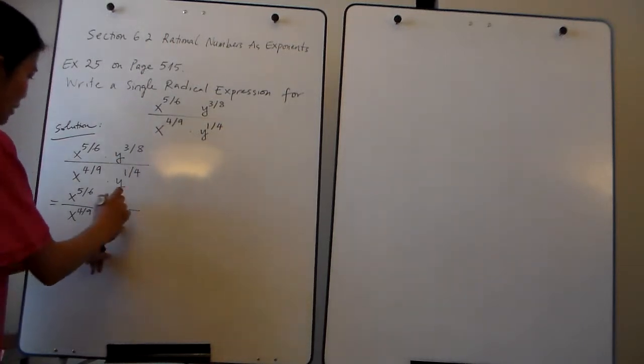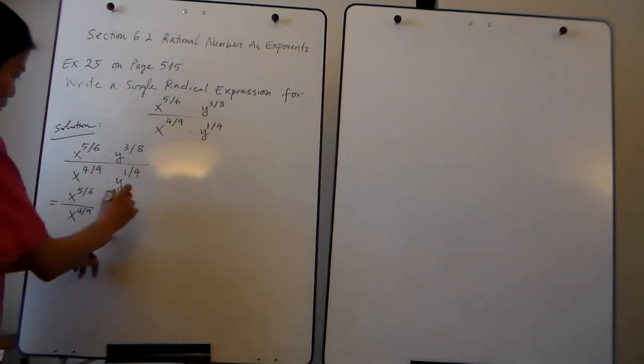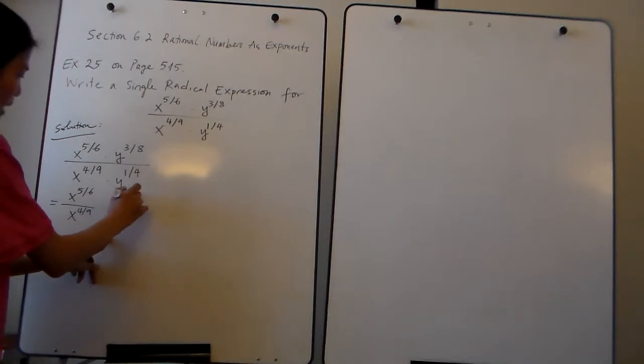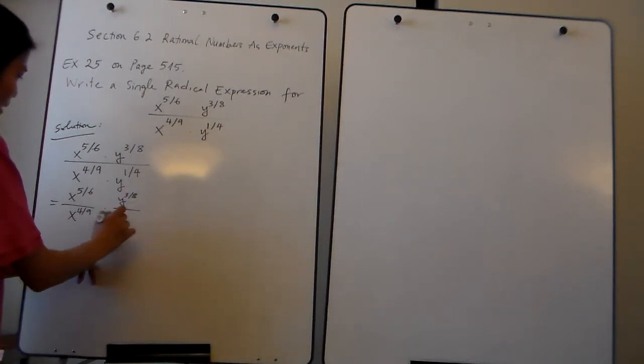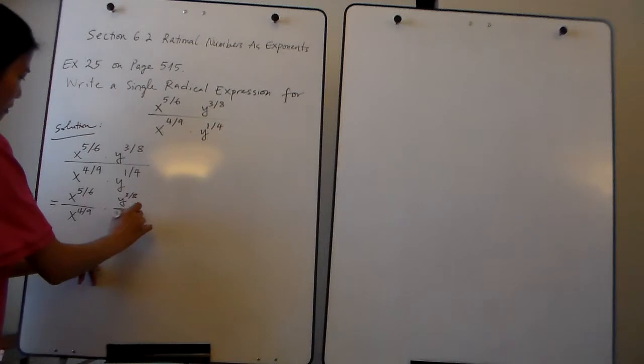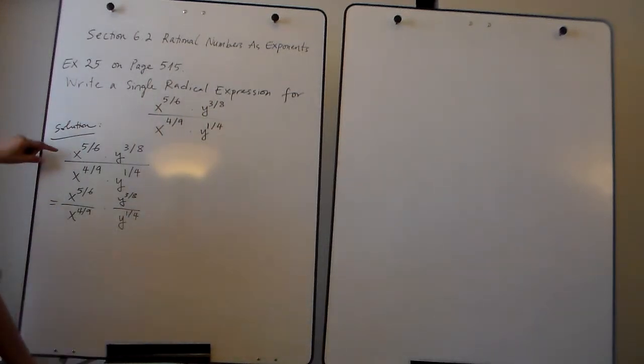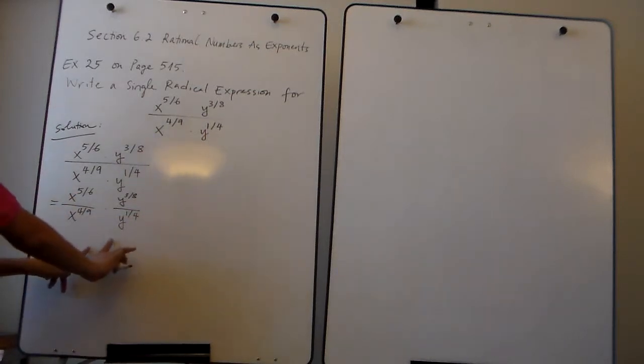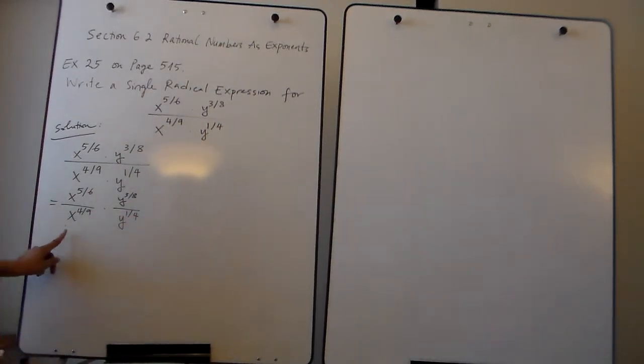So this second quotient has only y, which is y raised to 3/8 over y raised to 1/4. Given one quotient, I just split it into two quotients. The first quotient only involves x, and the second quotient only involves y.